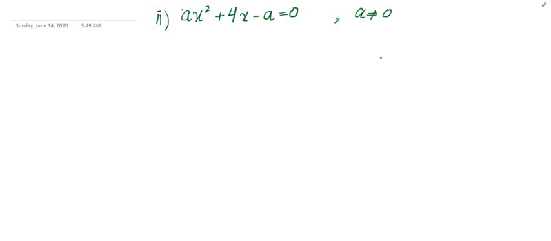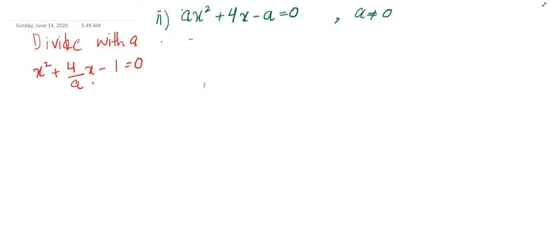To make it equals to 1, we divide this equation with a. You will get x square plus 4 by a x minus 1 equals to 0. Clear? Step number 2, shift the constant term to the right hand side, which becomes x square plus 4 by a x equals to 1.